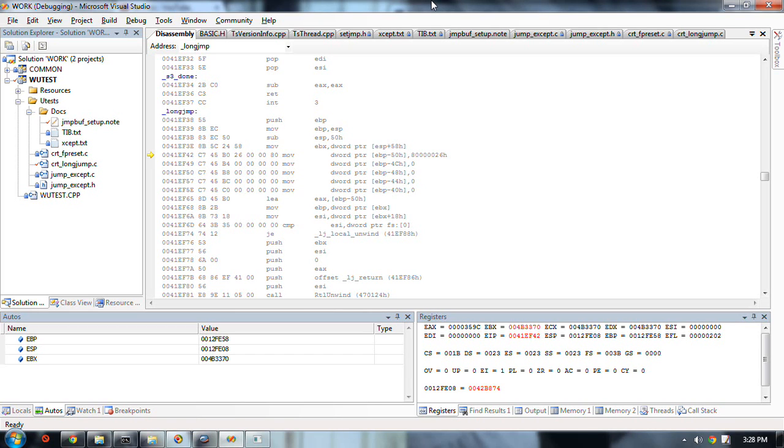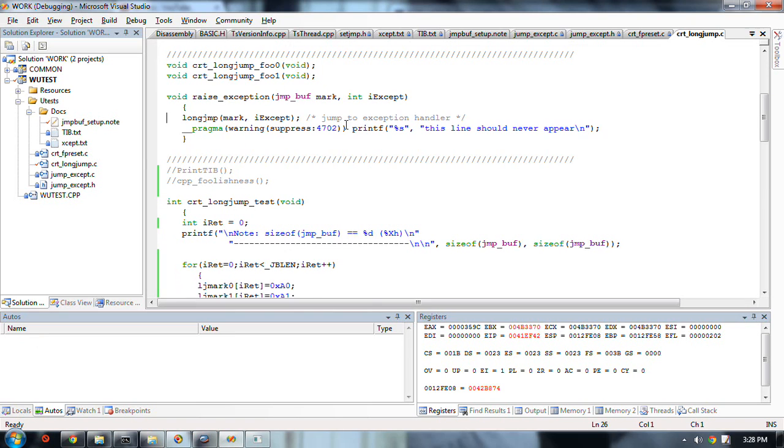And EBP plus 4 is pointing at the return address, and EBP plus 8 is pointing at the last thing pushed. And the last thing pushed, according to the reverse order pushing, is mark.